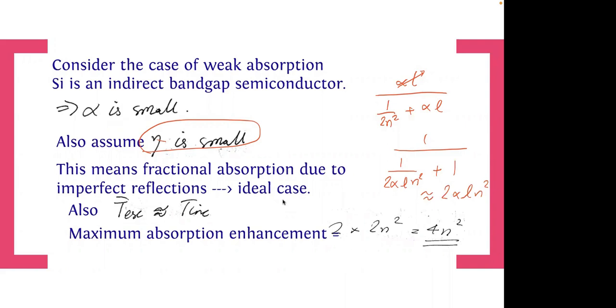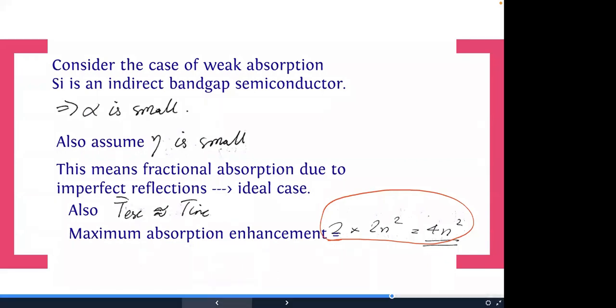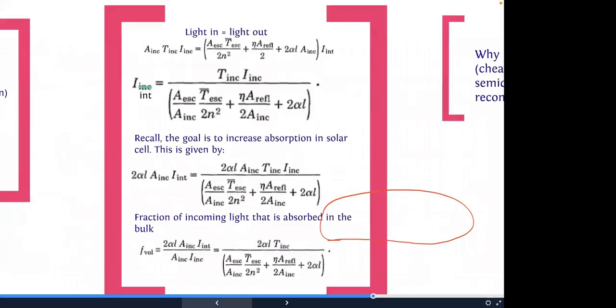If I make these assumptions and say alpha is small, the maximum I can hope to get is 2 times 2n squared, which is 4n squared. I made a mistake in my write-up before. There, the alpha L is dropped from the previous expression. Actually, let me just point that out. That was my mistake.